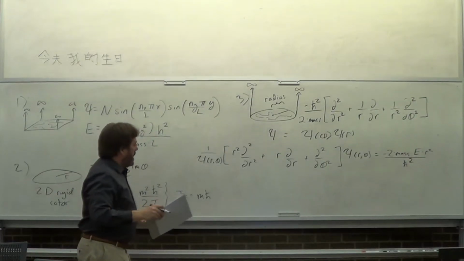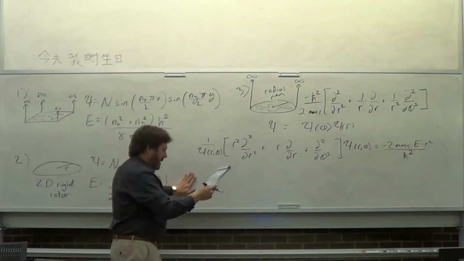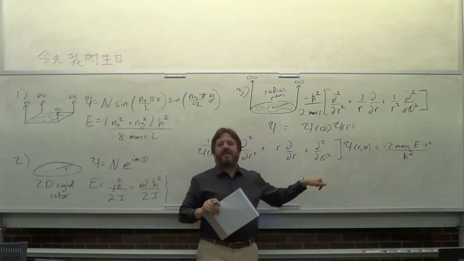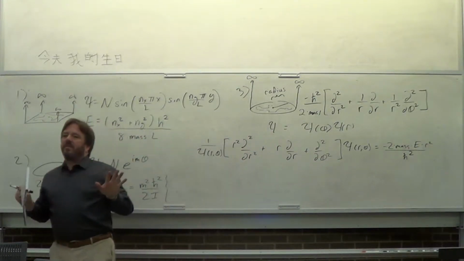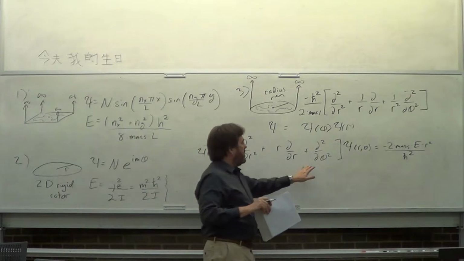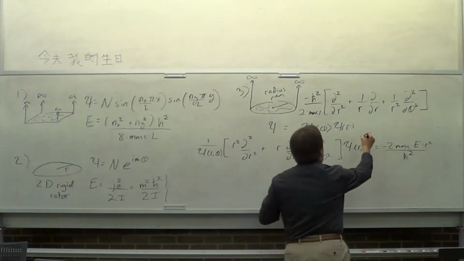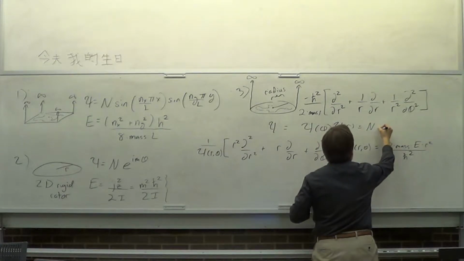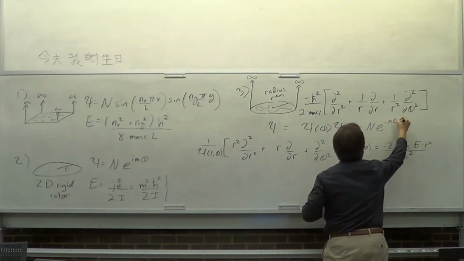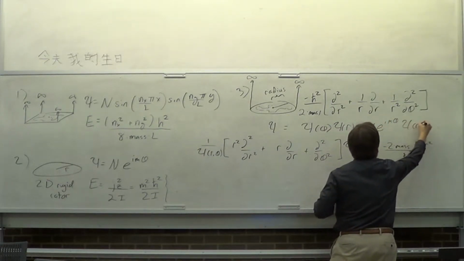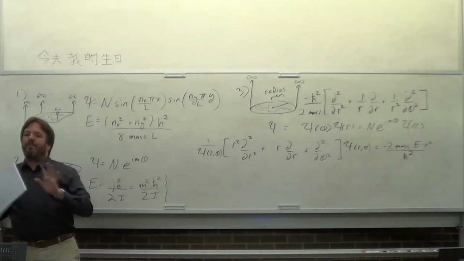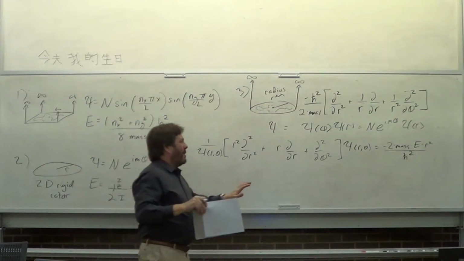Okay, so then what happens here is you assume that your wave function in the angle is still e to the i m theta, and we don't know what this is yet. You haven't seen this before, by the way. Now, again, this is the part that kind of really pissed me off a bit.